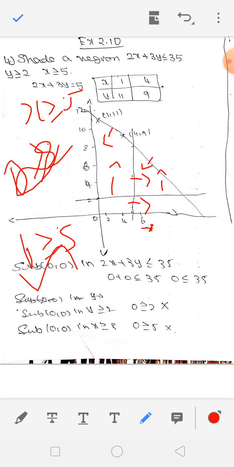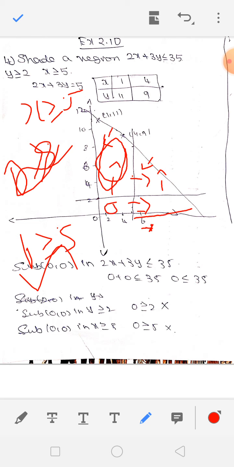Okay, so this is a region. For this region we have to shade the region common between these three regions. So this place is common between only two lines, correct? Here there is no common region.